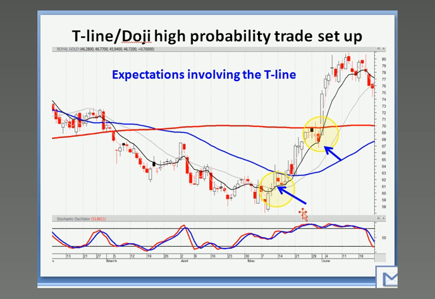So it boils down to very simple setups. If we see a left-right combo, if we see a doji sandwich, if we see a T-line crunch, we see a failure, profit taking at a resistance level, as long as it doesn't close below the T-line, we can stay long. It just keeps us in the right place at the right time.